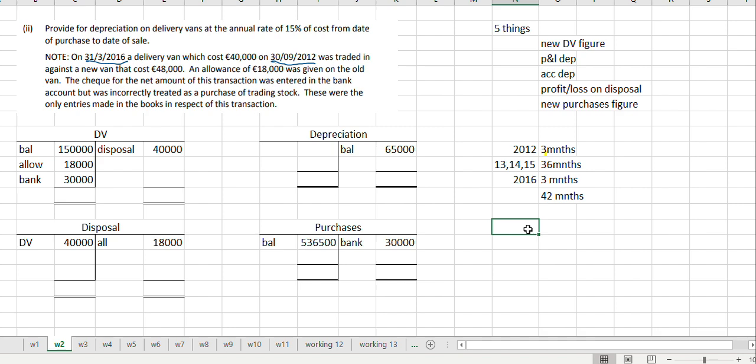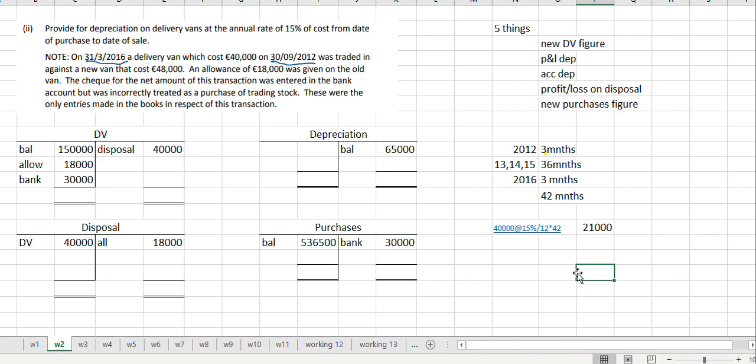So the calculation would be 40,000 at 15%, divided by 12 multiplied by 42. And that would give us an answer of 21,000.